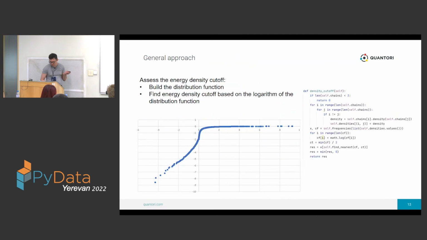Also, you could have seen the code snippet which we used. Yet again, we calculate the cumulative frequency in here, and we take the half of, I would say, minimum of this value. It's here, right? And it's a cutoff for energy densities.